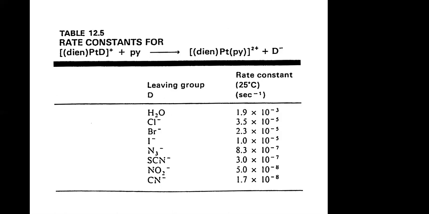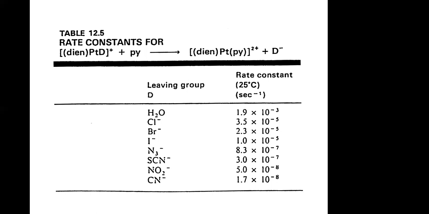Okay, so the other observation here is if we look at the dependence of rate constants on the departing group, we do see that there can be a strong dependence. So here, this is replacing a variety of departing ligands D with a pyridine ligand, and we can see about 5 orders of magnitude difference in the rate constant.